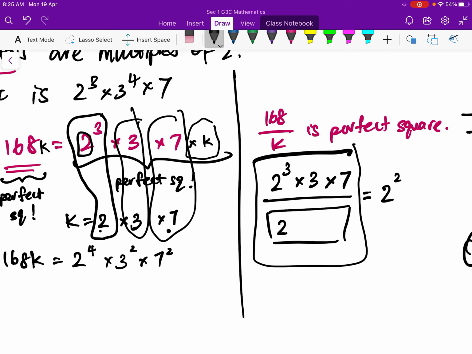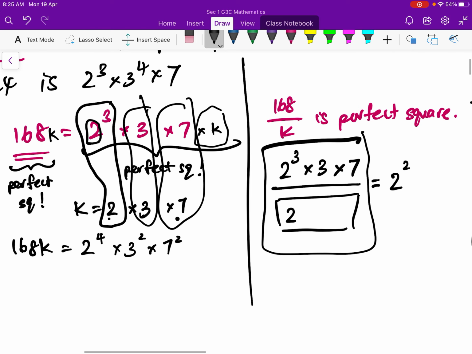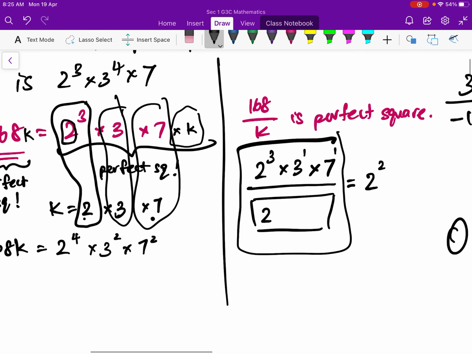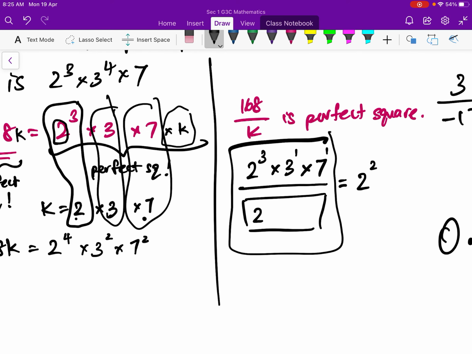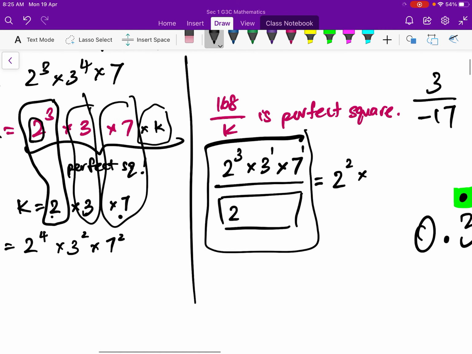But then what about the 3 and the 7? They are currently power 1 and power 1. The final answer is a perfect square. So from 3 power 1, what should I change it to become? I cannot leave it as 3 power 1. I cannot have it as 3 power 2.